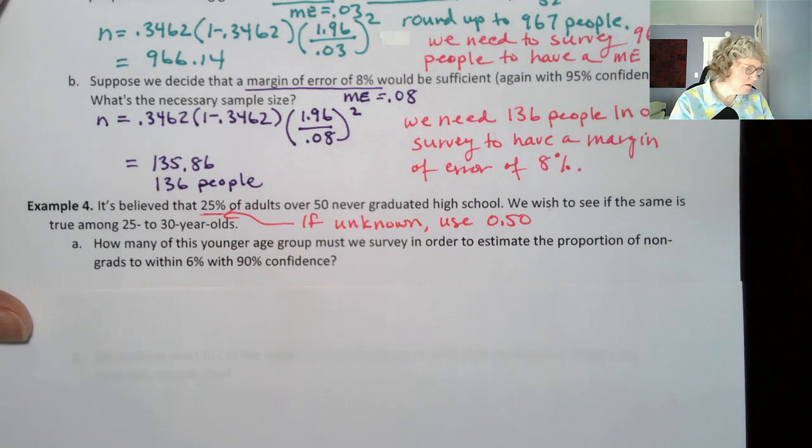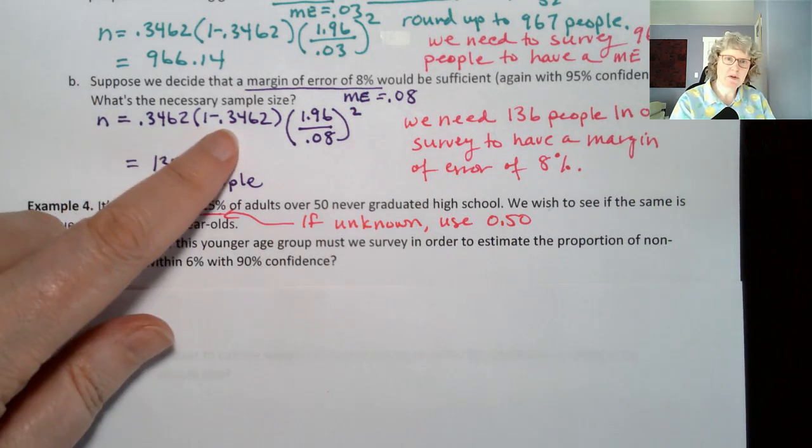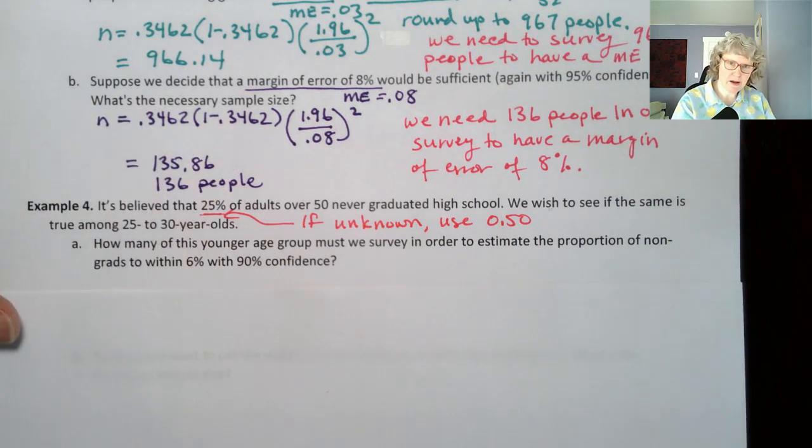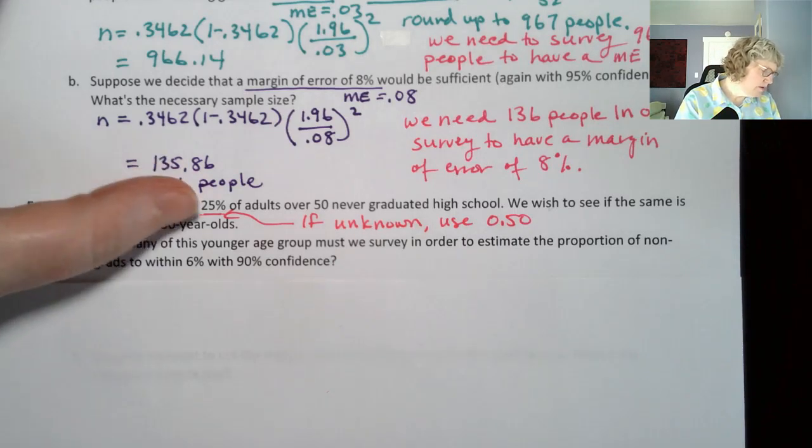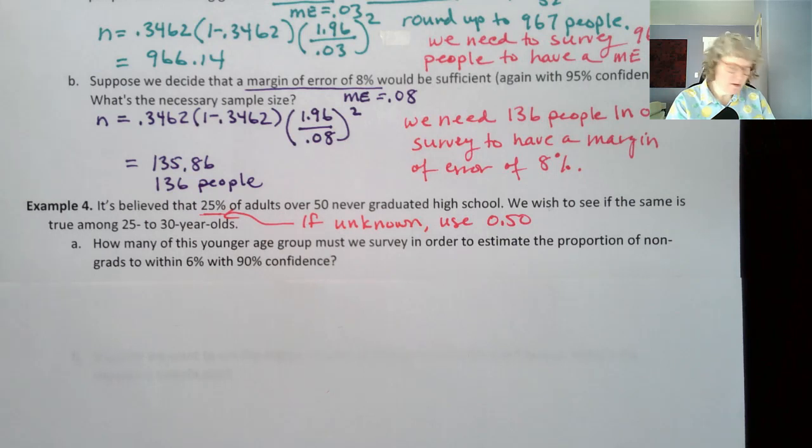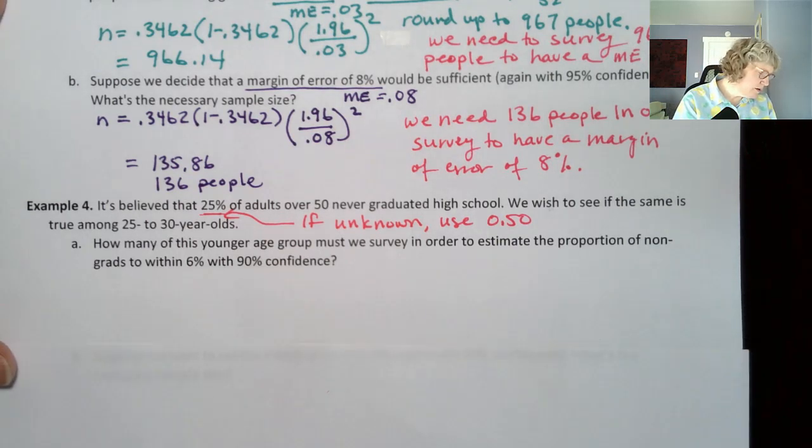Okay, and then we would put 50-50 right here for our p hat and q hat. Okay, but we do know we have an estimate of 25%, so let's go ahead and try that.